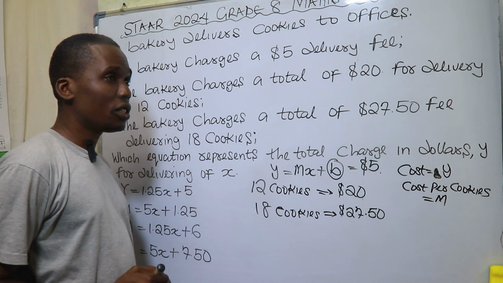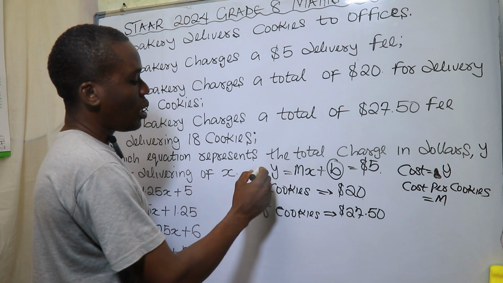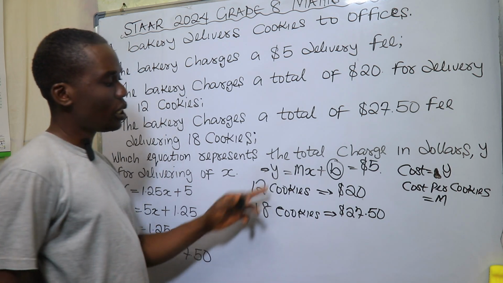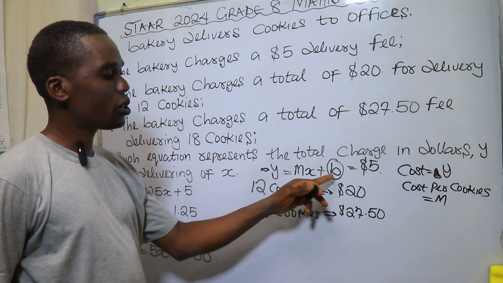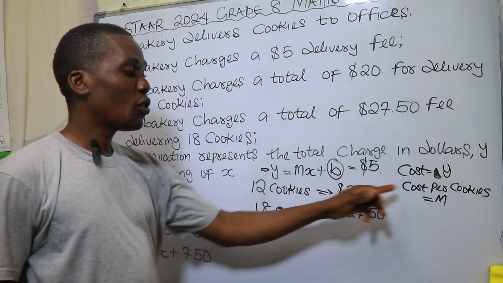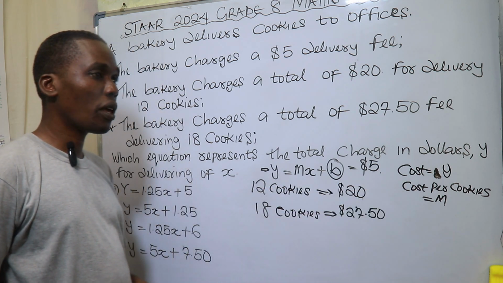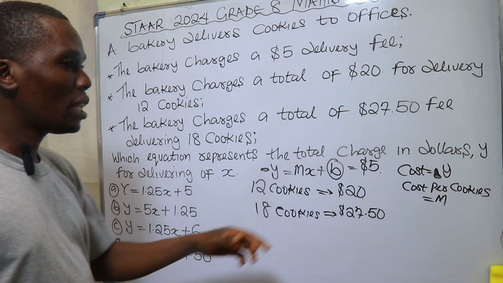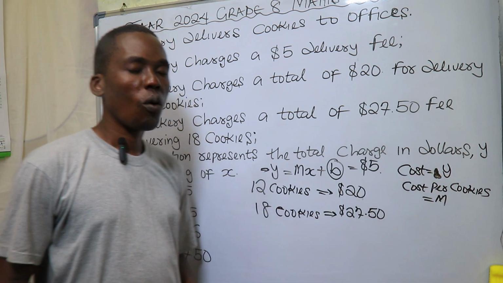So how do we find the value of m? Generally, the general equation for a linear function is y equals mx plus b. So we are taking m to be the cost per cookie, and we are taking the total cost to be y.